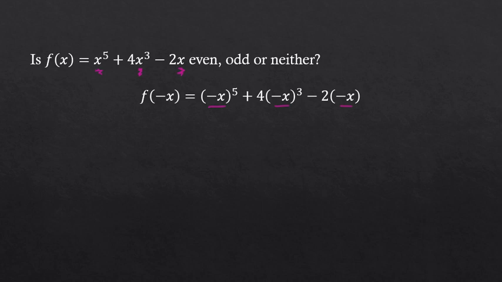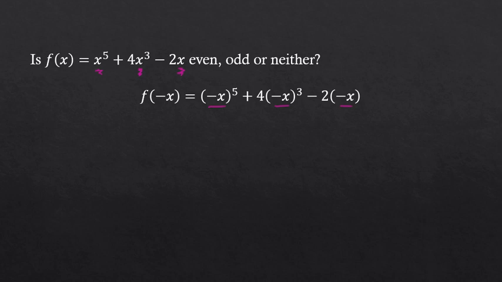Recalling properties of exponents, the shortcut way you can handle this is if you raise minus x to an odd power, then the sign out front of that term will change. If it was positive, now it's going to be negative.